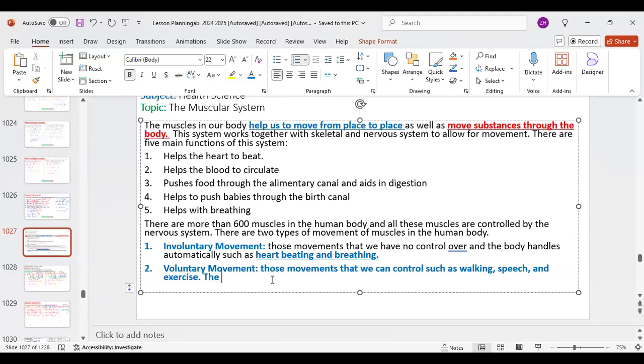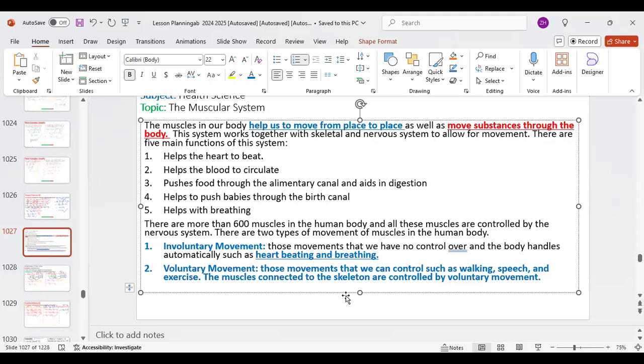The muscles connected to the skeleton are controlled by voluntary movement.